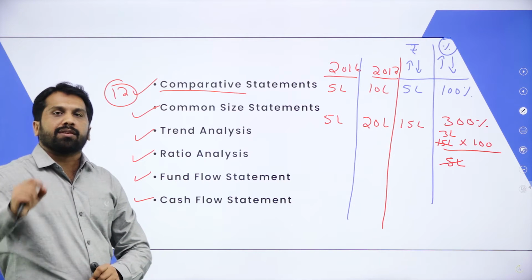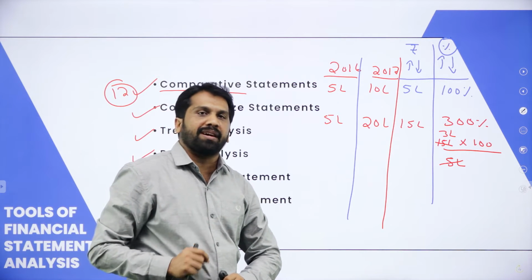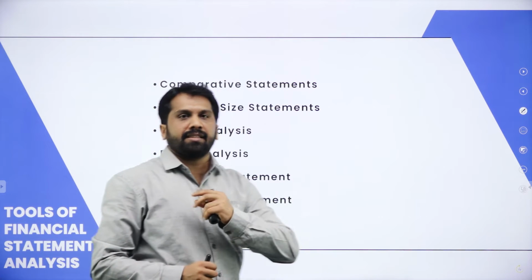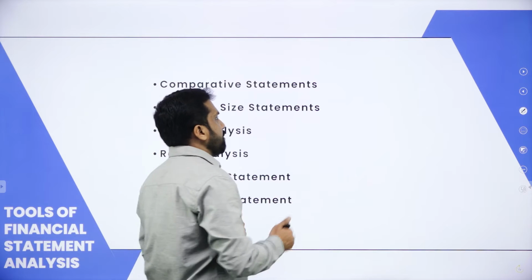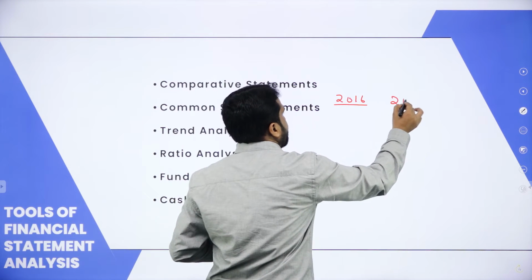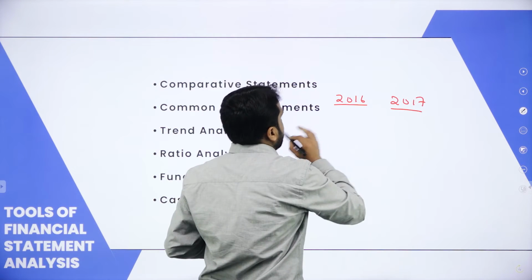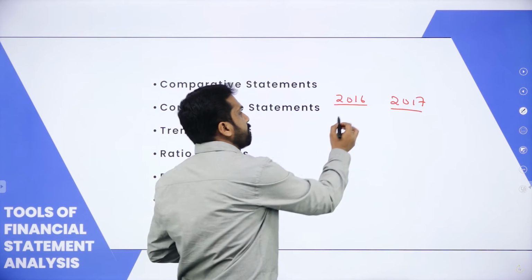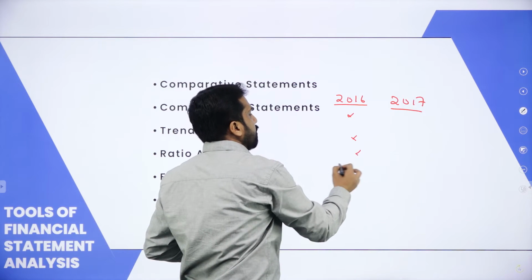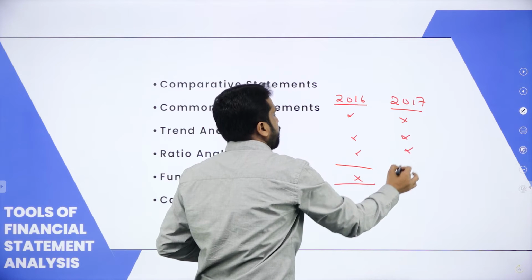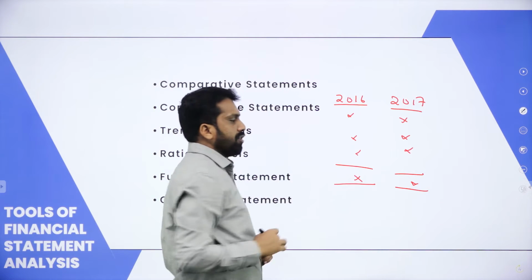We'll go for common size statement. How to calculate common size? Very easy. Same procedure. You have 2016 and 2017. In 2016, you have the following information. 2017 also you have the following information.